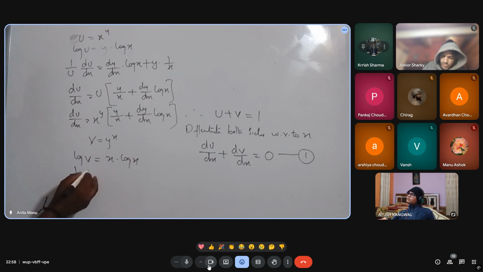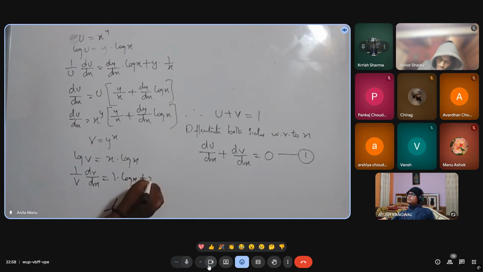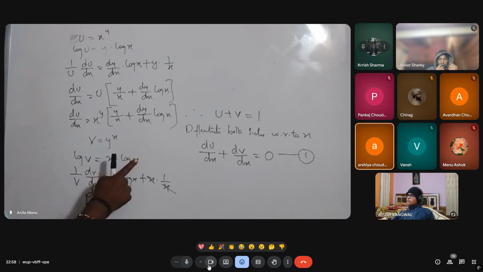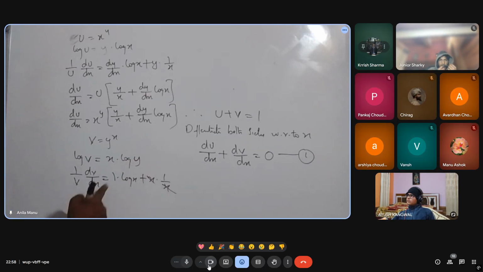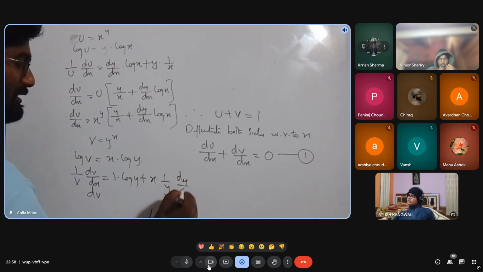So 1 by v dv by dx is equal to, by product rule, derivative of x, 1, into log y, plus first function x into derivative of log y, 1 by y dy by dx. Correct, right?